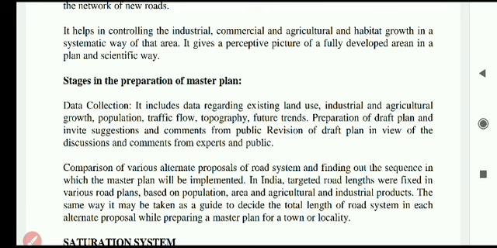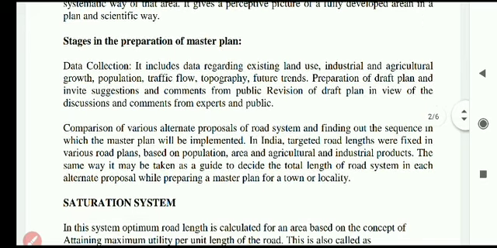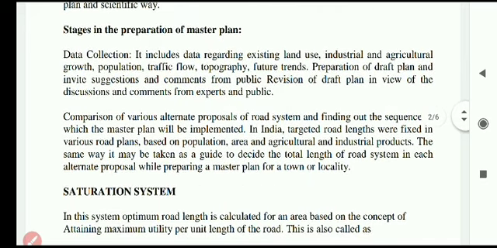So all the data related to highways are collected here, followed by preparation of the draft plan, inviting suggestions and comments from the public, and revision of the draft plan in view of the discussion and comments from the experts and the public. Like first all the basic data: existing land use, industrial and agricultural growth, population data, traffic flow data, topography and future trend data, the expected data. All these data are collected and a draft is prepared.